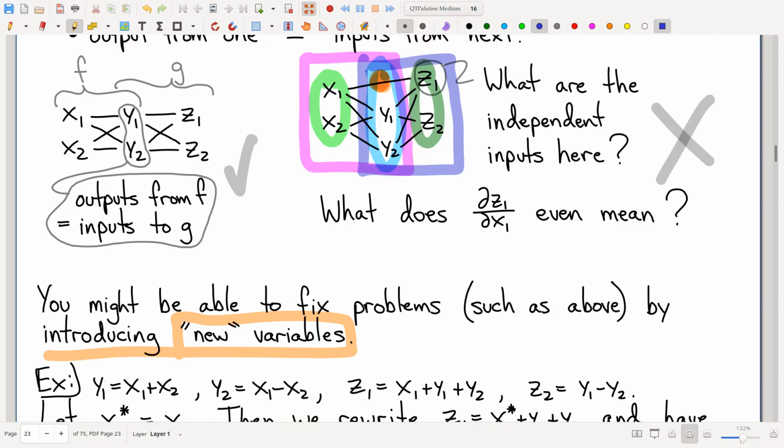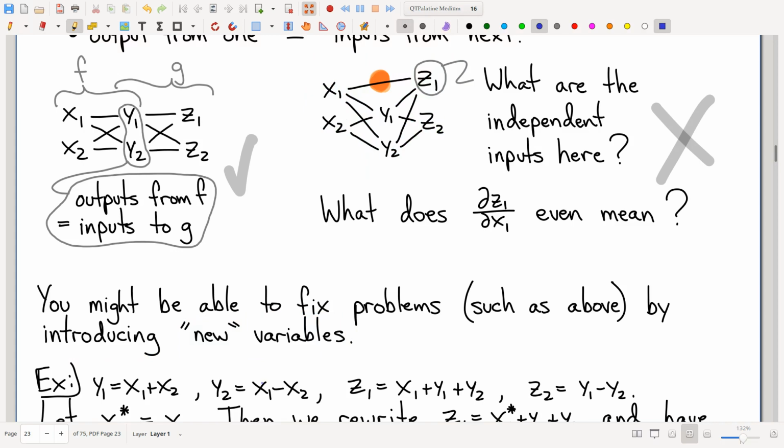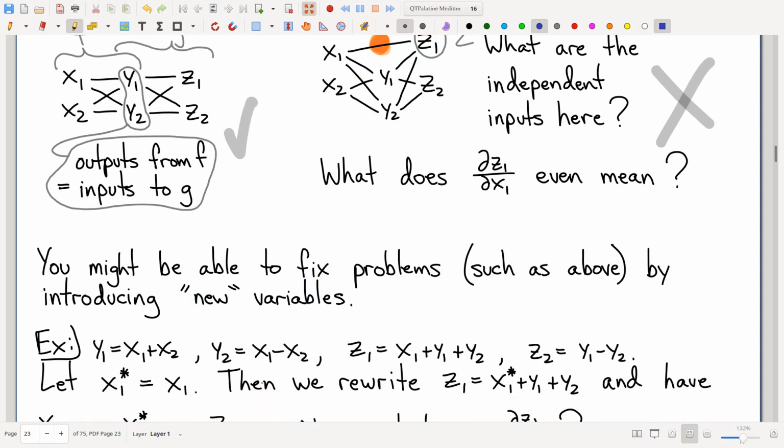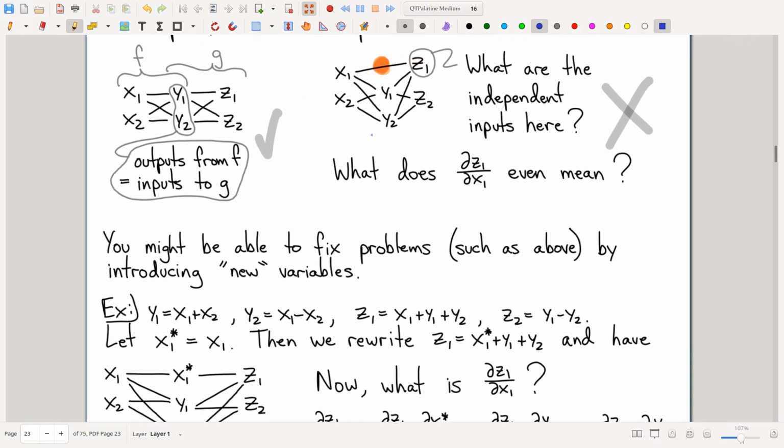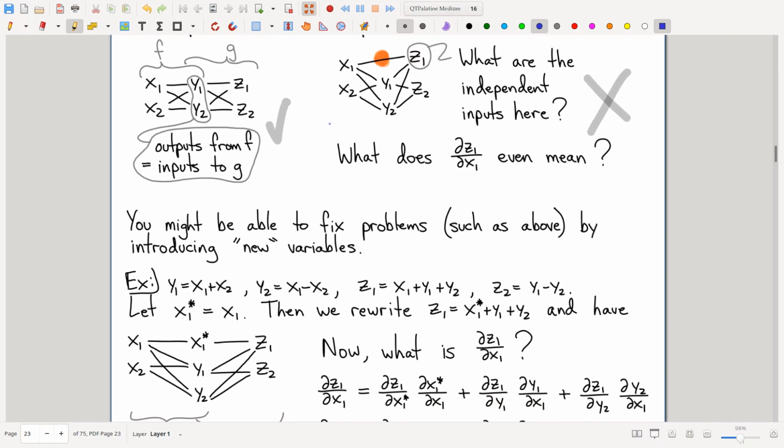So, okay, that's wishful thinking. How is it that I can justify introducing a new variable, and doesn't that just change everything? And I say not really, because what I can do in particular is make that new variable actually have the same value as x1.